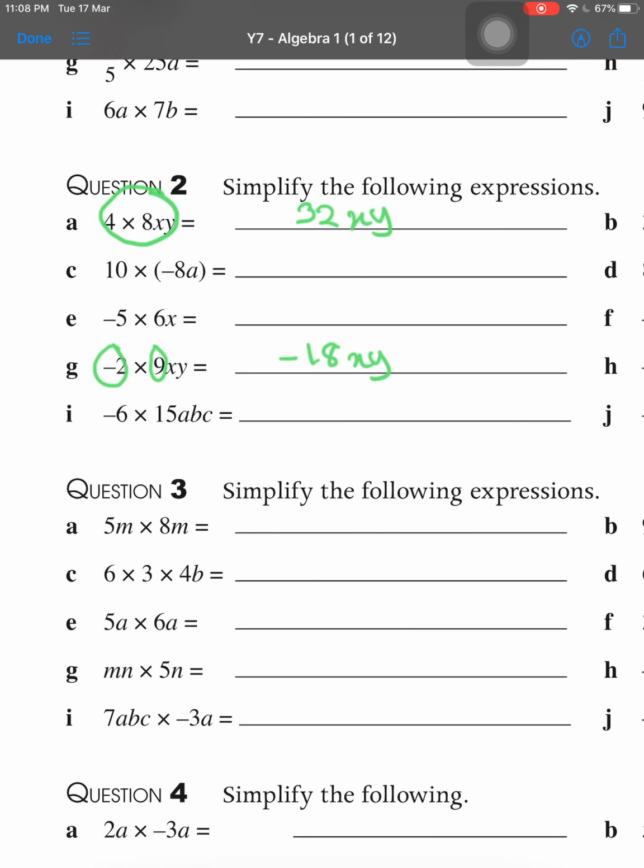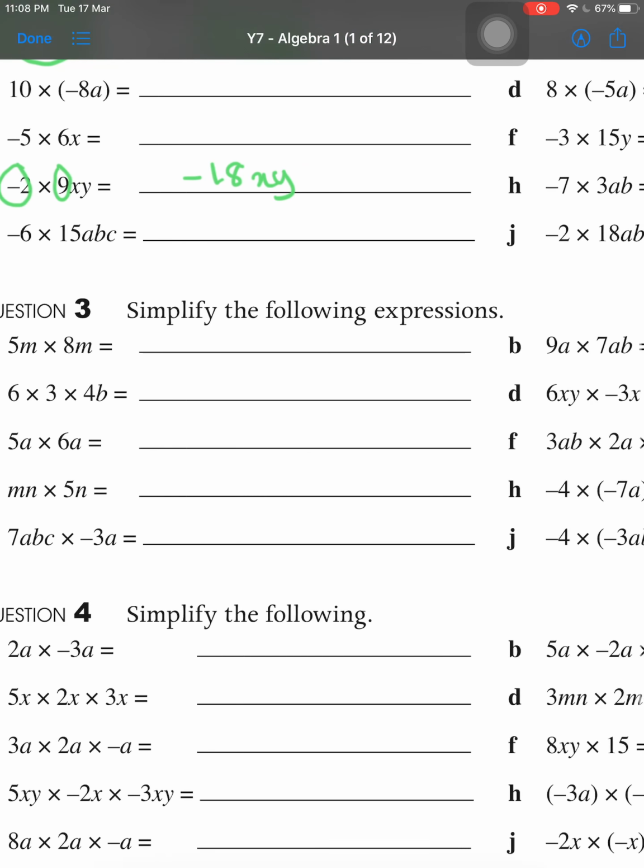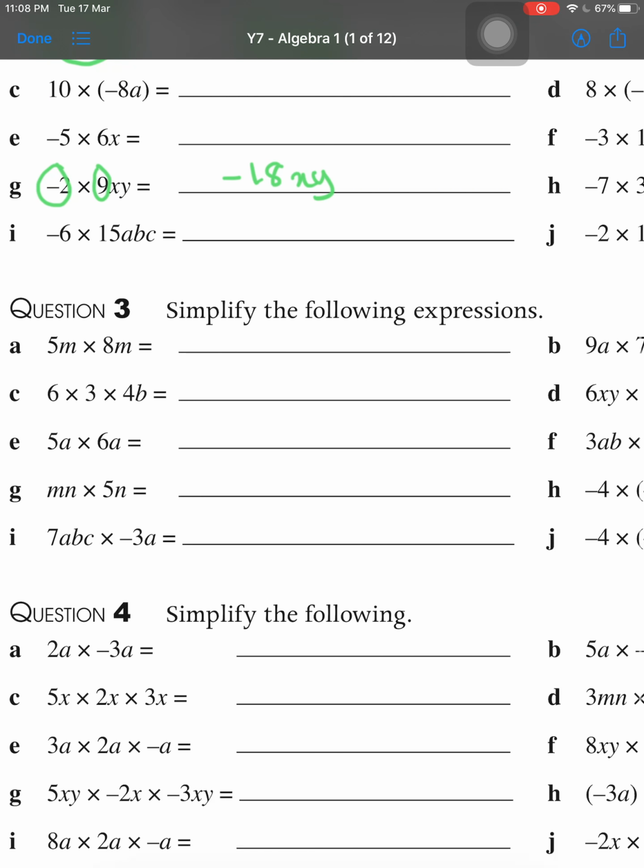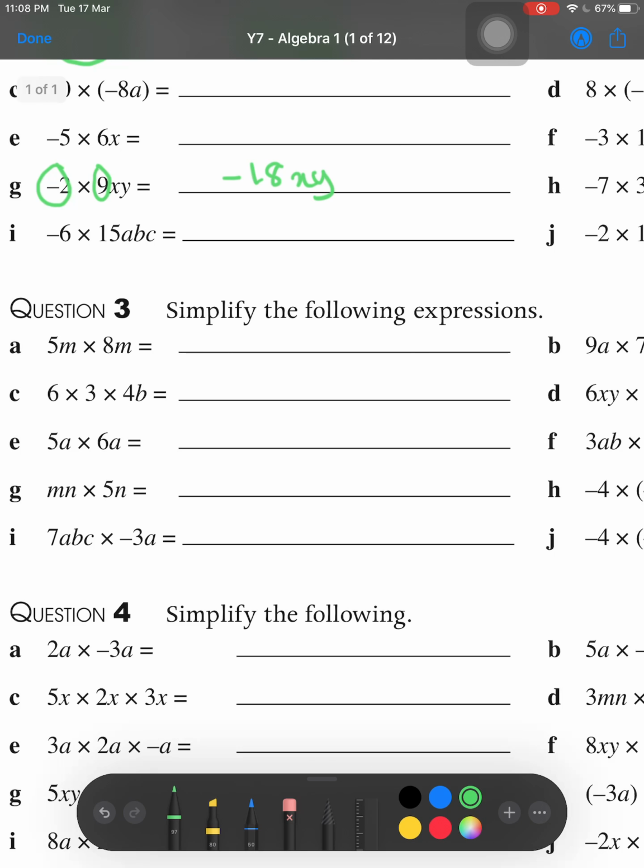Question three is a bit interesting because it has a combination of combined variables, for example like this one, or it gives you three different terms to be multiplied, like this one.